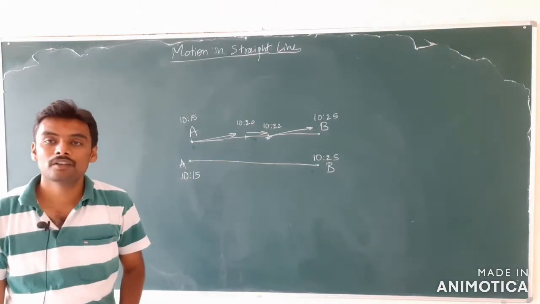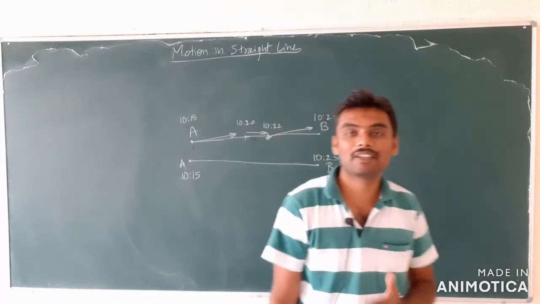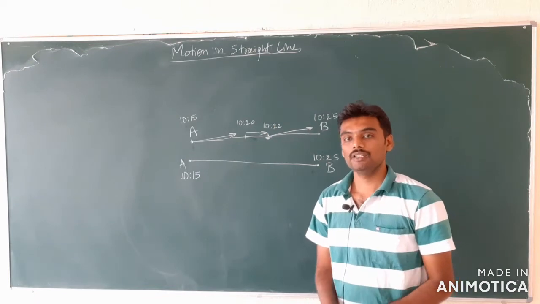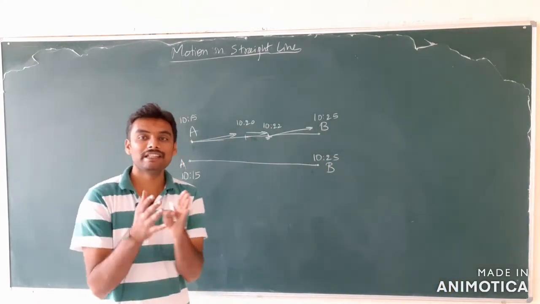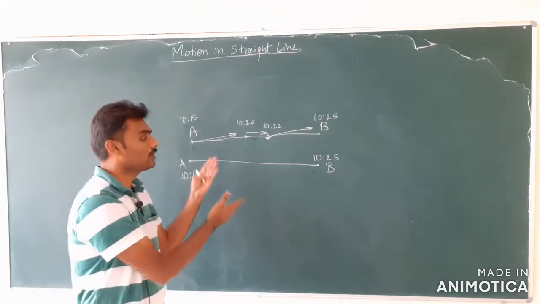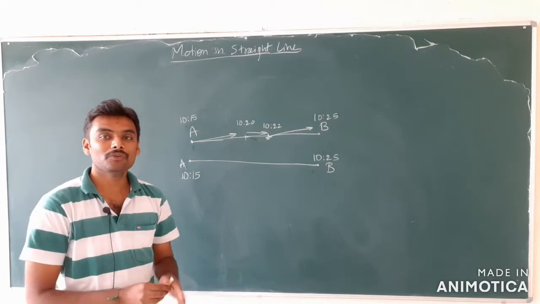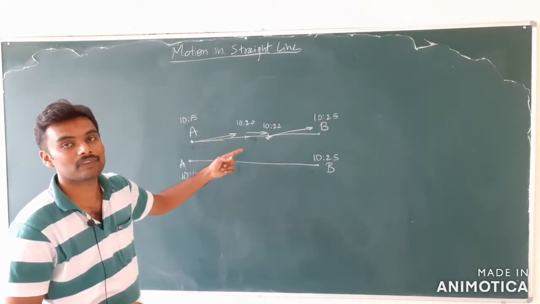So when you have this kind of situation where displacement is the same, time taken is the same, average velocity is the same, we need one more factor which can give us the difference between these two motions.